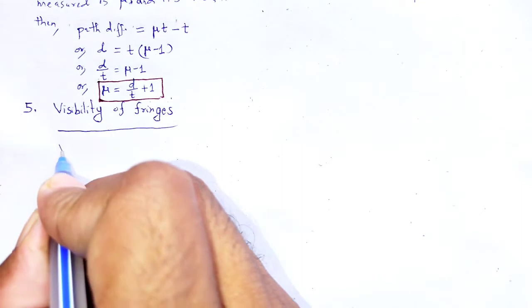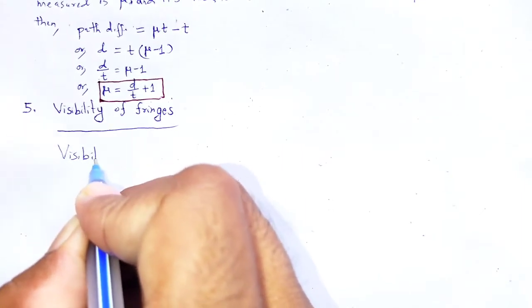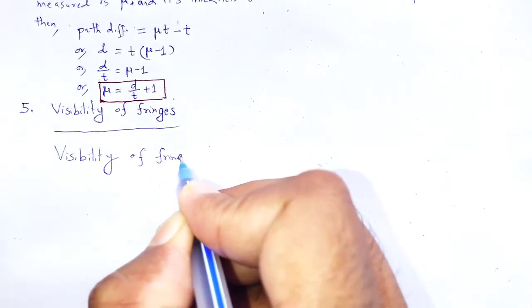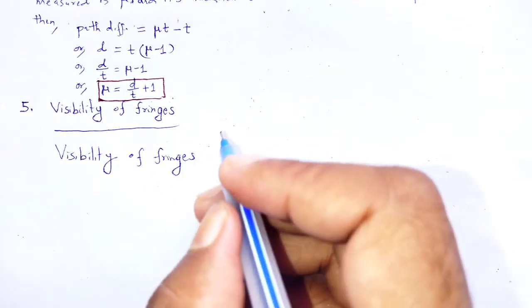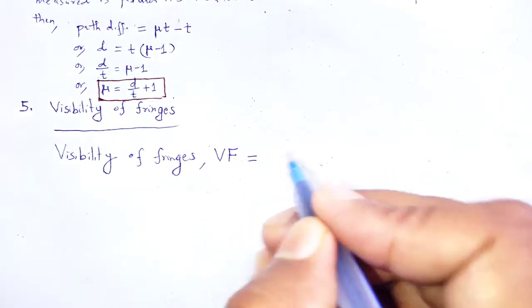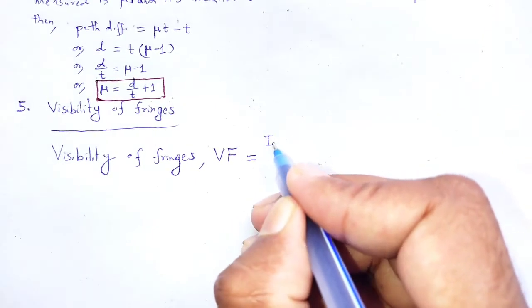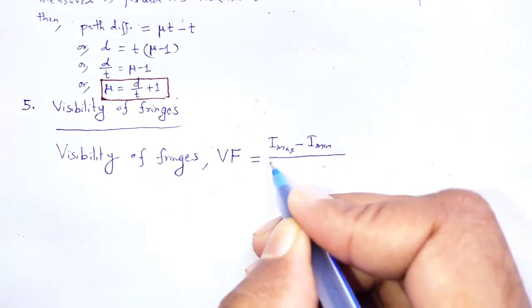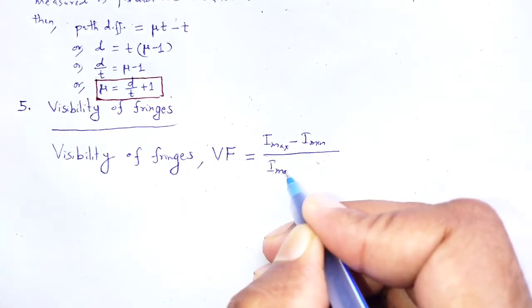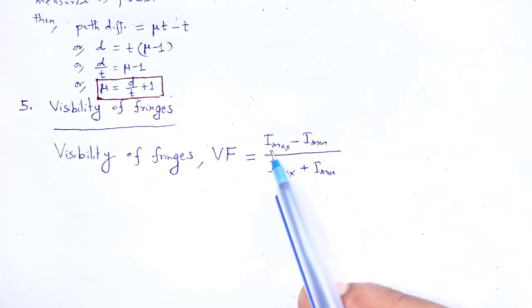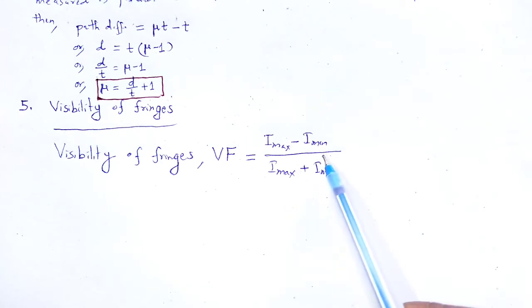The visibility of fringes, Vf, is defined as the ratio of I max minus I min divided by I max plus I min. Intensity maximum minus intensity minimum, divided by intensity maximum plus intensity minimum.